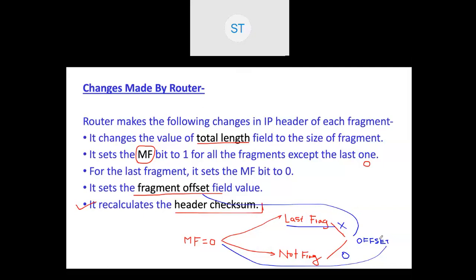Means on the basis of that, it will resolve whether the packet is fragmented or not. Only MF 0 will have the dilemma whether it is the last fragment or not fragmented. Then it will check the offset. If the offset is present, that means definitely the packet has been fragmented. If the offset is not present, that means the packet has not been fragmented, because there is no case that the last fragment has offset 0. Okay, got the point.